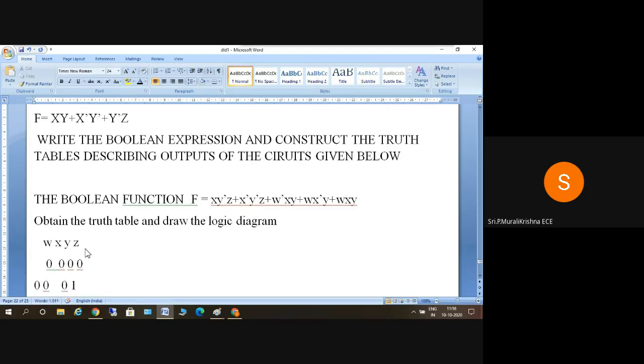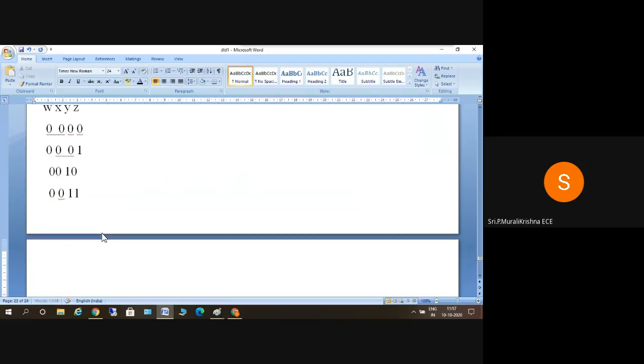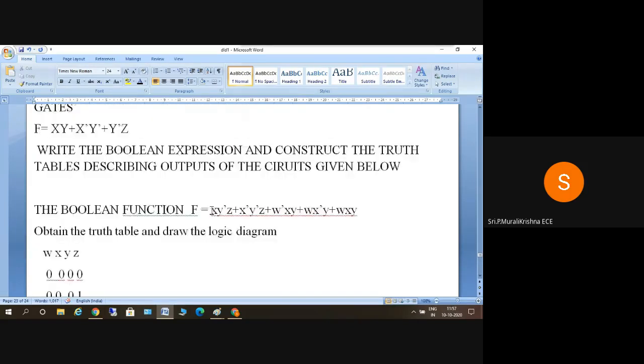So we'll be having 16 input combinations here, the 8421 codes from 0 0 0 0 to 1 1 1 1. Then 0 0 1 0, in a similar way 0 0 1 1, till up to 15.